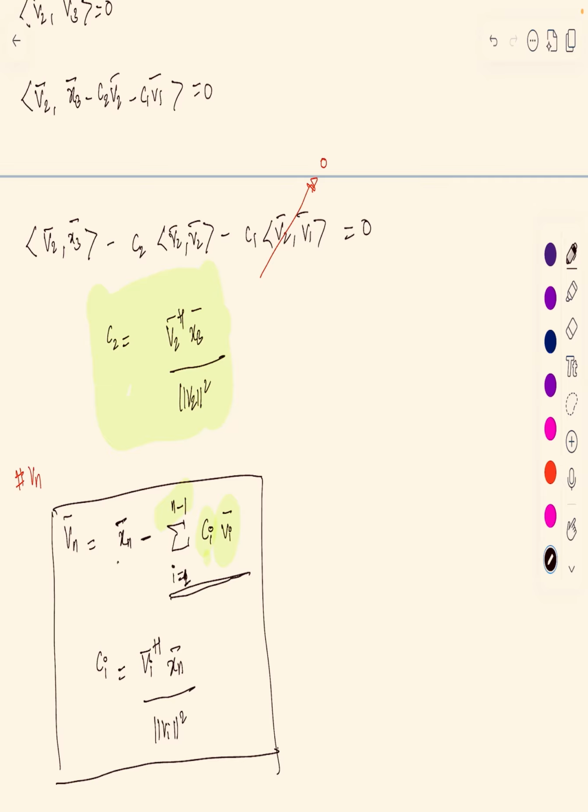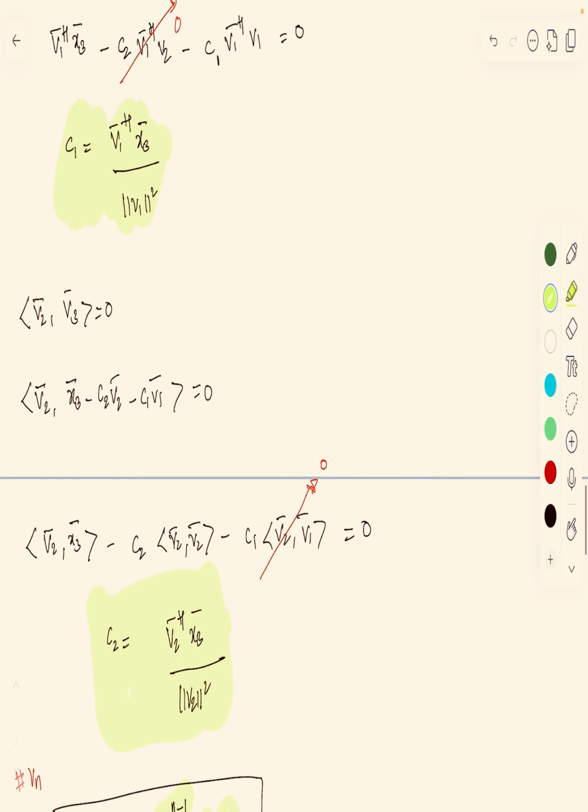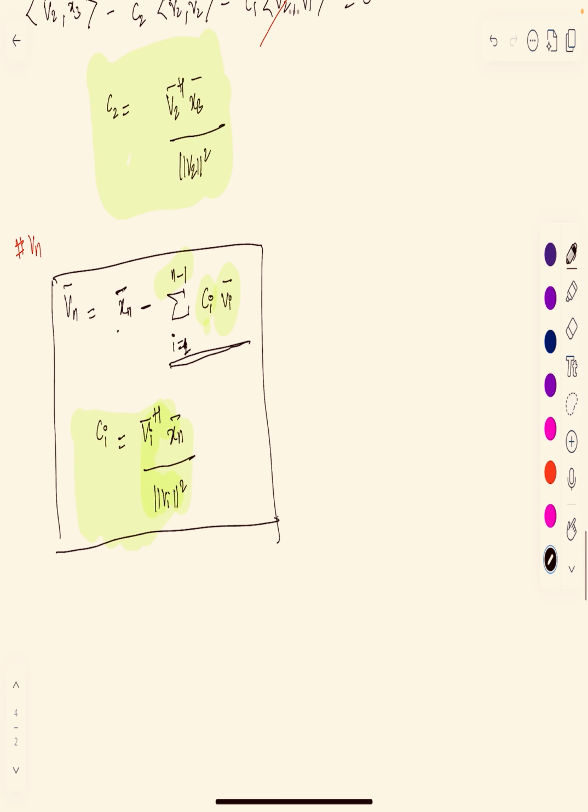This setup makes sure that xn bar does not have any dependencies from x1 to xn minus 1. And the ci values are like this. This is the value of ci. So we figured out the vectors v1 bar, v2 bar, and so on, vm bar, which are both orthogonal and unit norm. Okay, so that summarizes the GS procedure.